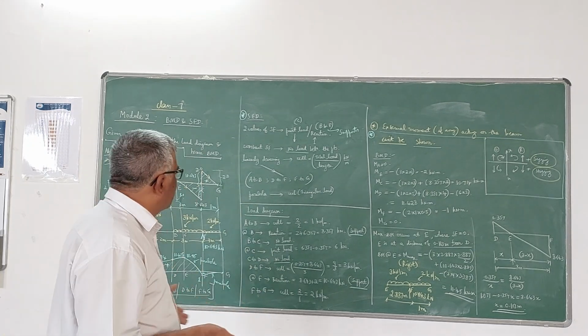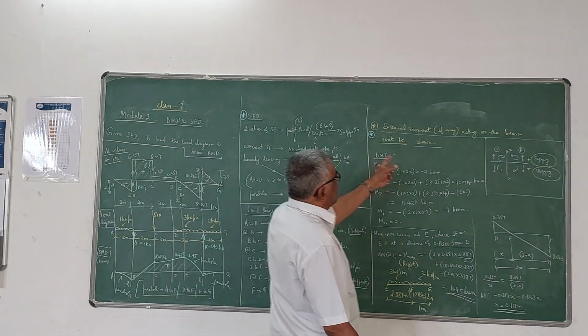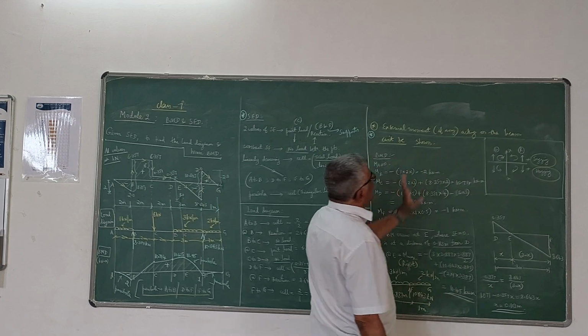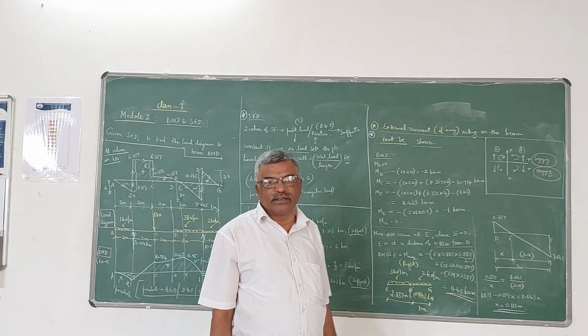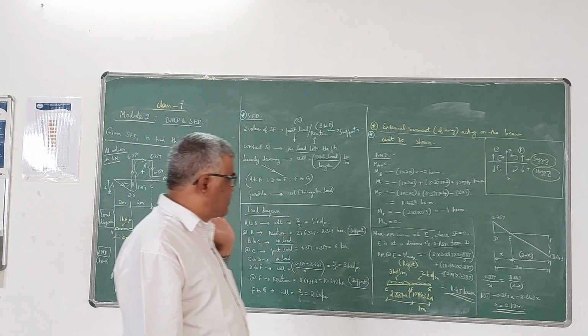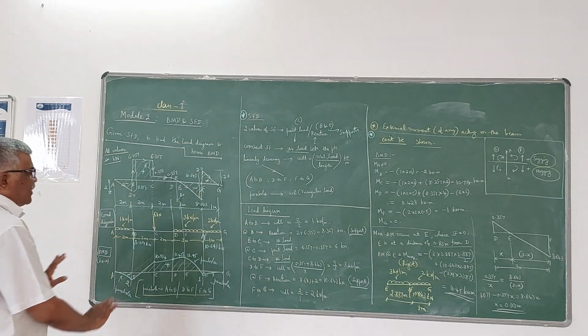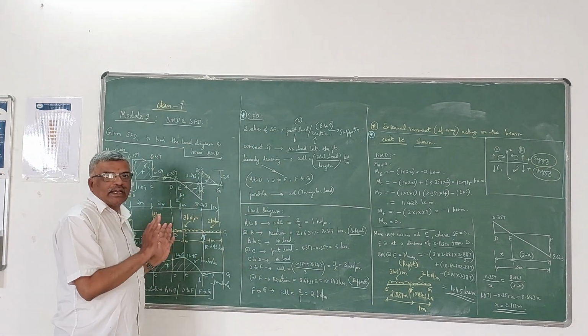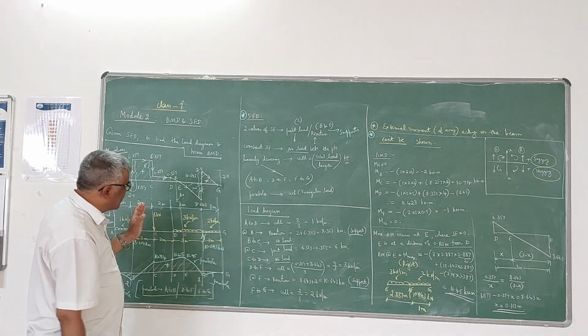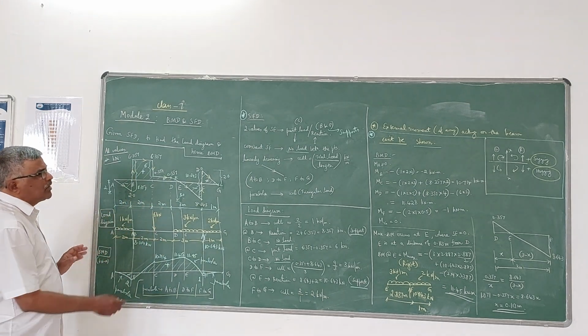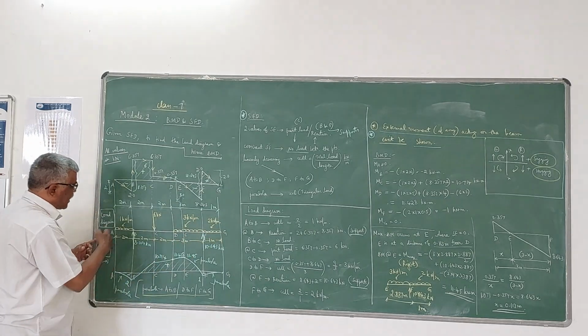So I have written here that an external moment, if any, acting on the beam cannot be shown. That is the only drawback. So we assume that there is no external moment acting on the beam. Then only we can write the loading diagram.